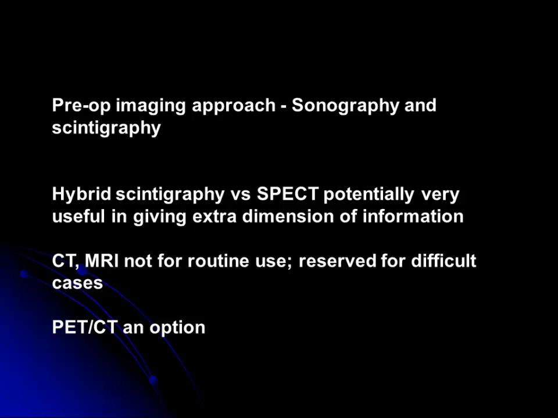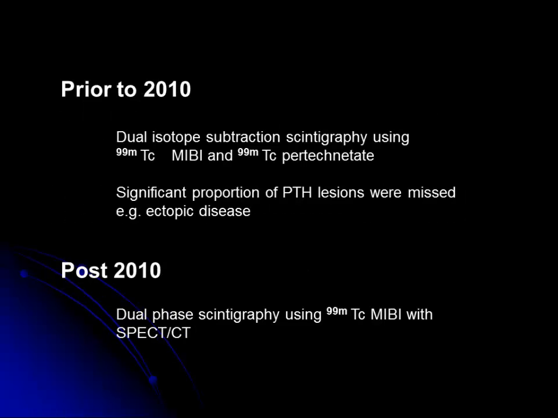CT and MR are not for routine use and are reserved for difficult cases, and PET-CT is an option. We have done a few PET-CTs in patients where they cannot find it and they think there is increased mitotic activity suggesting carcinoma somewhere which has not been picked up, but it has not been useful in our experience.